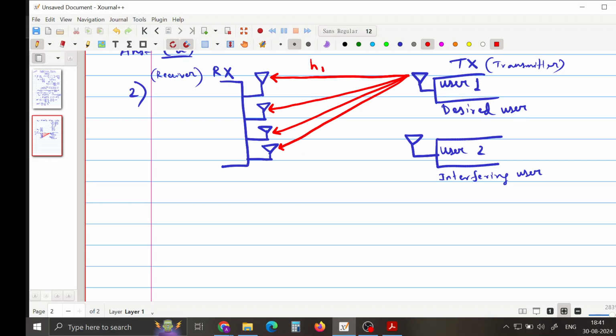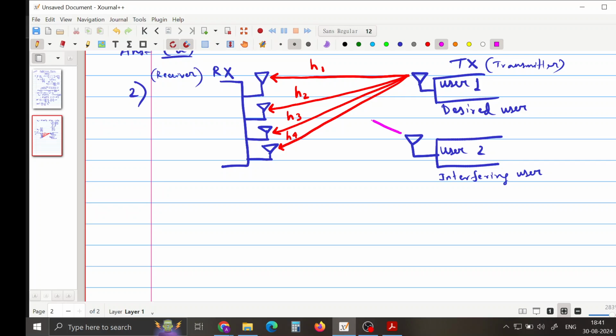Similarly, from user 1's antenna to the second receiving antenna, the channel coefficient will be H2. This is H3 and this is H4. Similarly, there will be such links from user 2's antenna as well, which is my interferer.